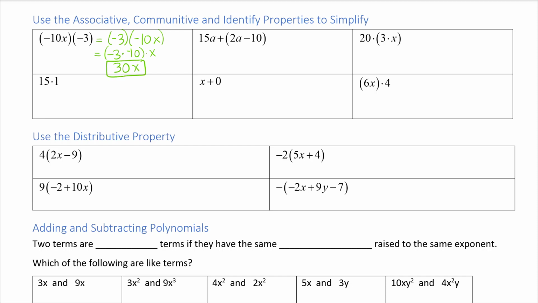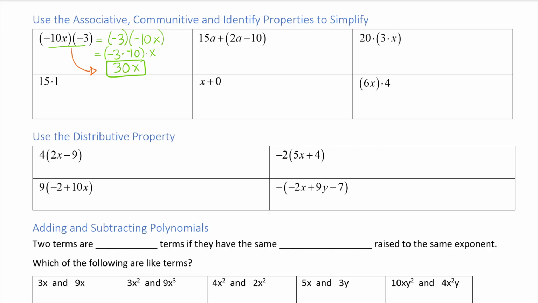And that is the simplified form. Now, most of you probably can do this, negative 10x times negative 3, multiply the coefficients to get 30x without any real work. But in this lesson, I'm just trying to explain to you why the associative, commutative, and identity properties are so helpful. The next one, I have 15a plus 2a minus 10.